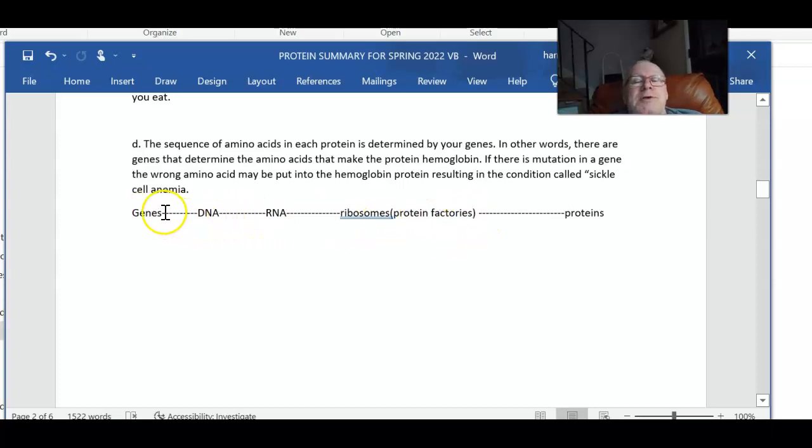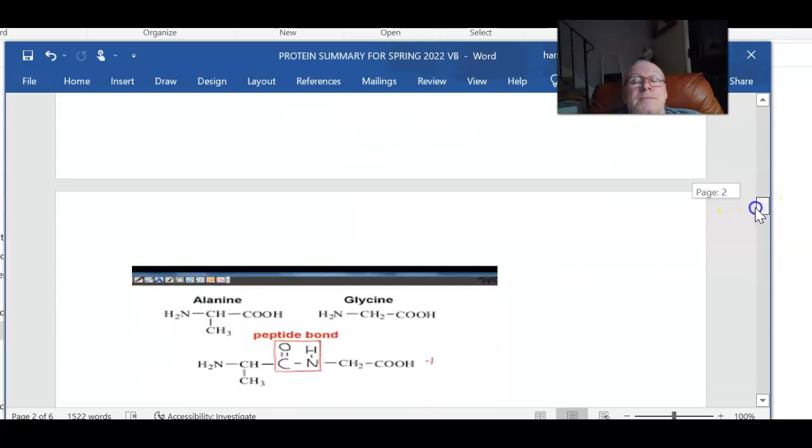So I kind of want you to know the sequence of this, that the thousands of proteins in your body are made in these protein factories, but it all goes back to the genes. The genes determine the proteins in your body.